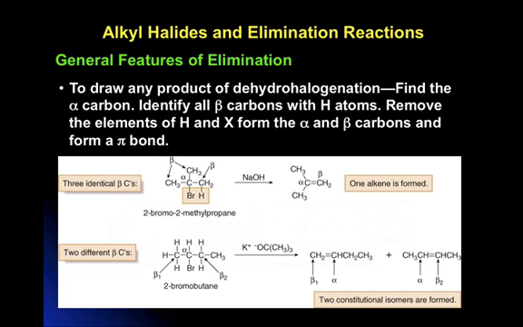And so you do have to look at how big the base is. You're going to hear terms like Zaitsev and Hofmann and some things that we're going to learn in this chapter. You're just going to have those committed to memory when we get to them. But we do not have to get these two alkenes in equal molar amounts.